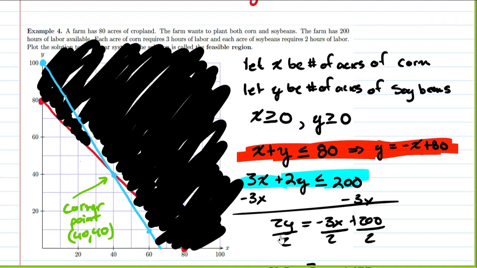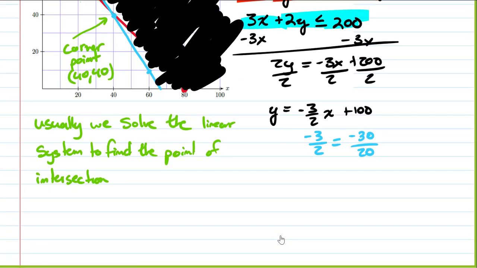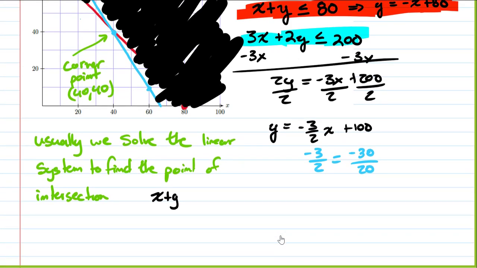So what we would solve then is we would write down the linear system of equations, which would be x plus y is equal to 80, and 3x plus 2y equals 200.